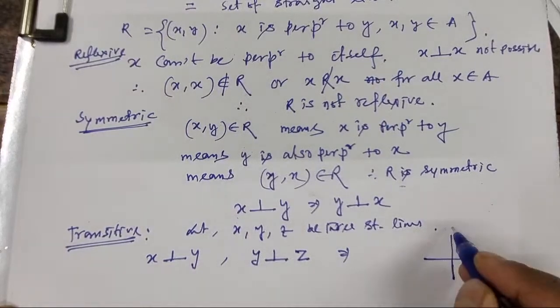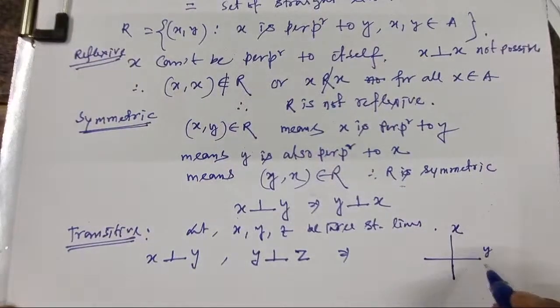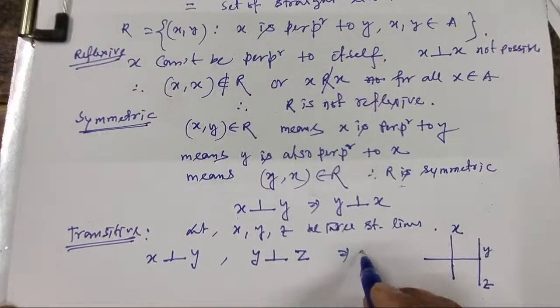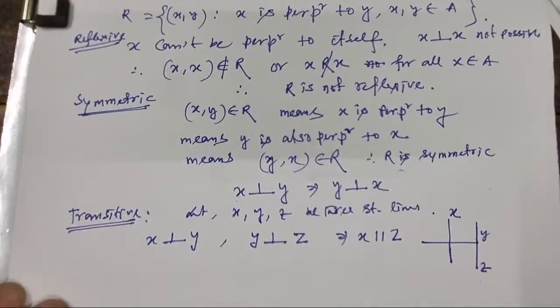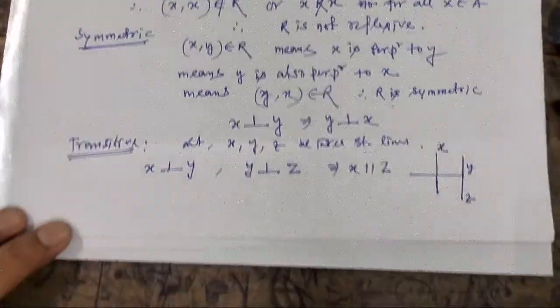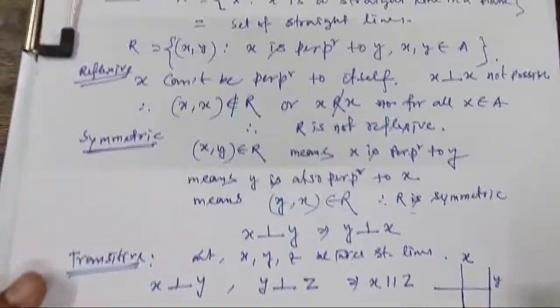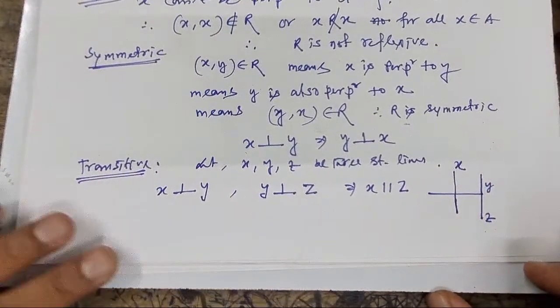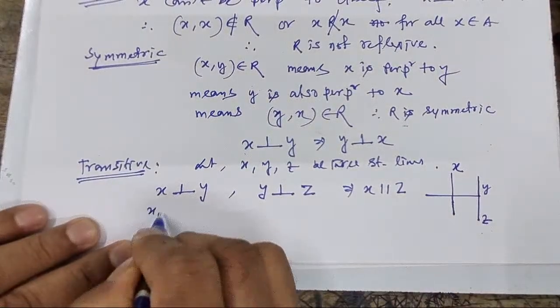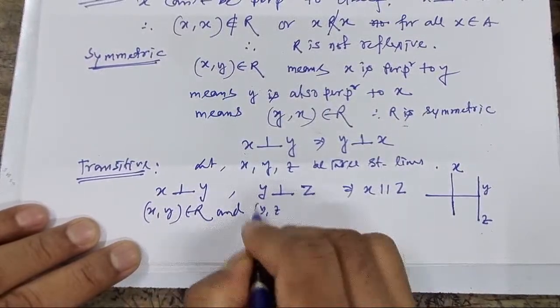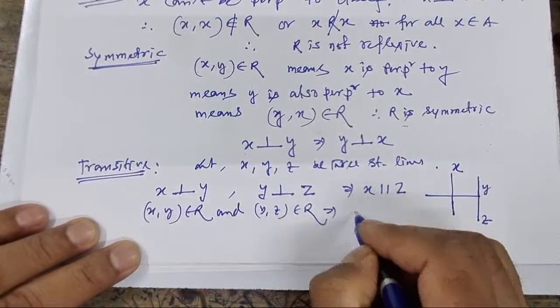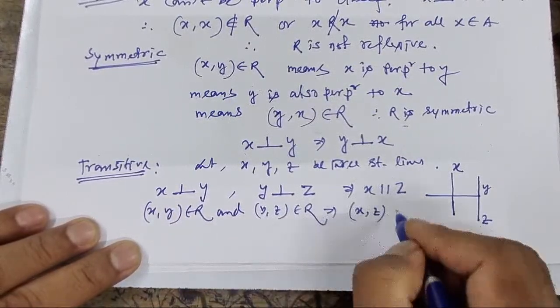It is x, it is y, and it is z. So what is finally got? x is parallel to z. That means (x, y) belongs to R and (y, z) belongs to R implies (x, z) does not belong to R.